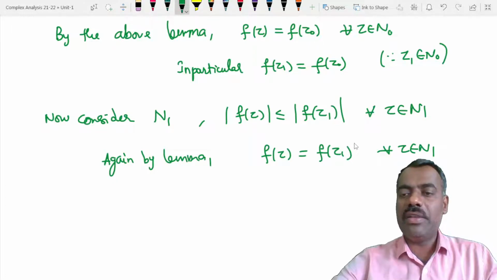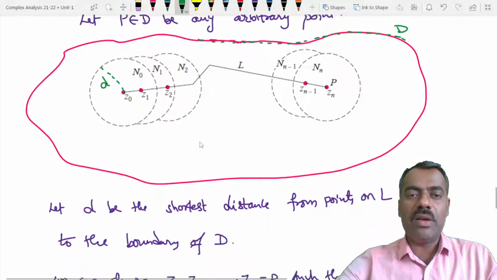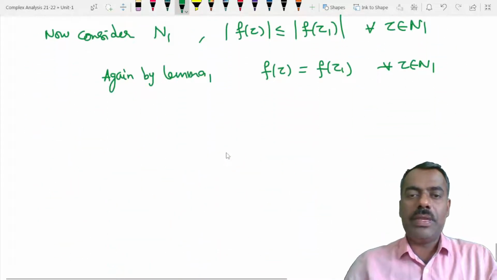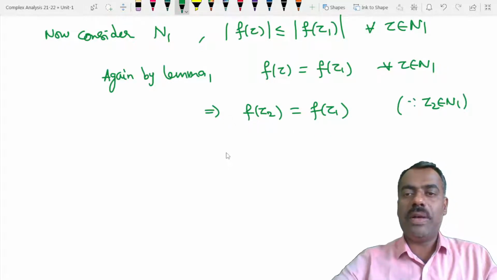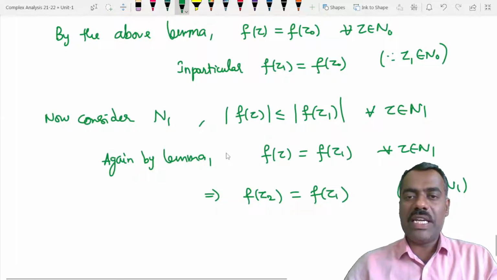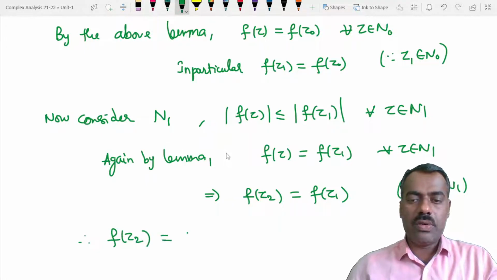Again in particular, because z2 belongs to n1, f of z2 is equal to f of z1. So if you combine these things, f of z2 is equal to f of z1, and f of z1 is equal to f of z0, right?